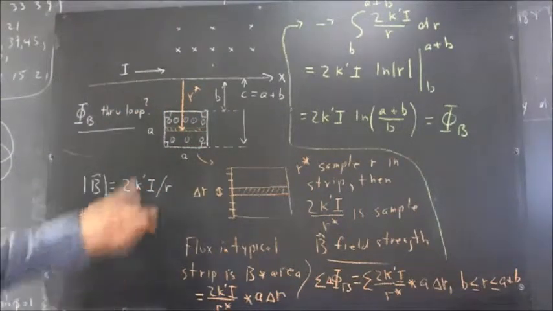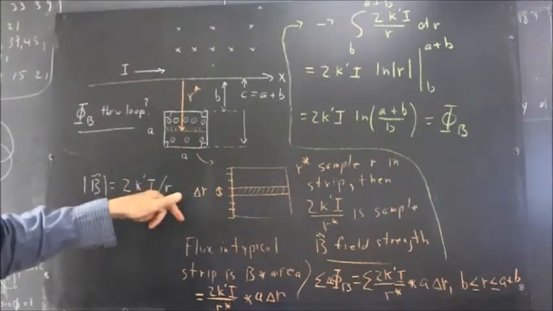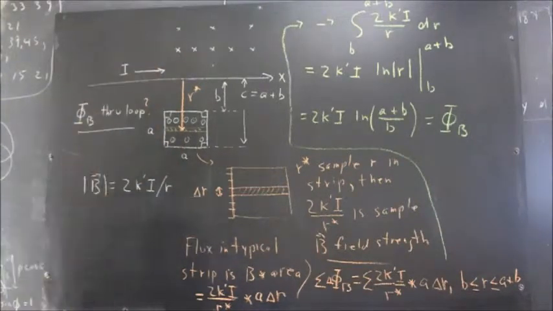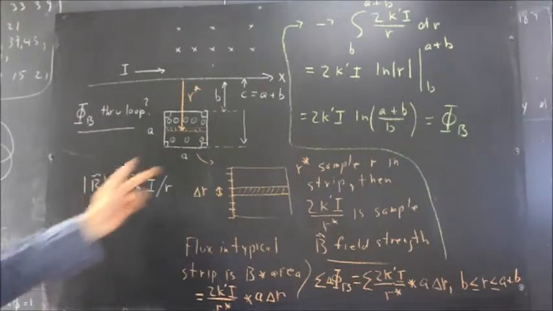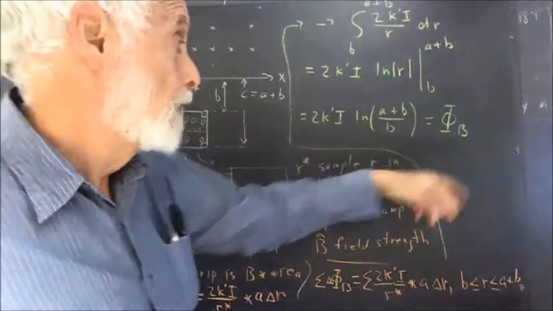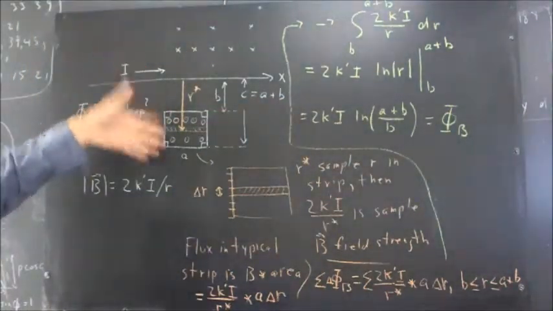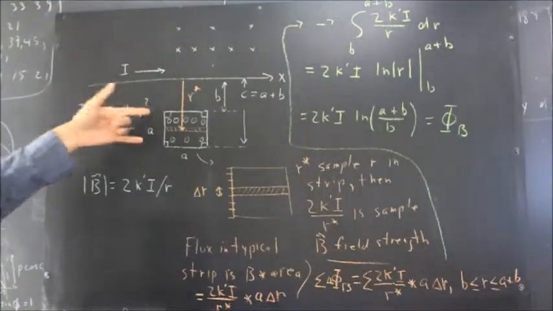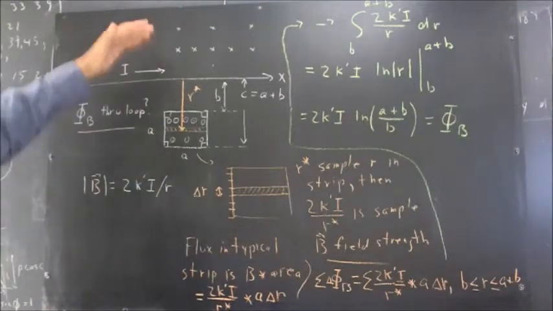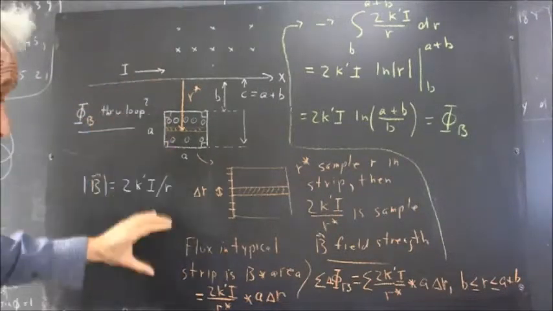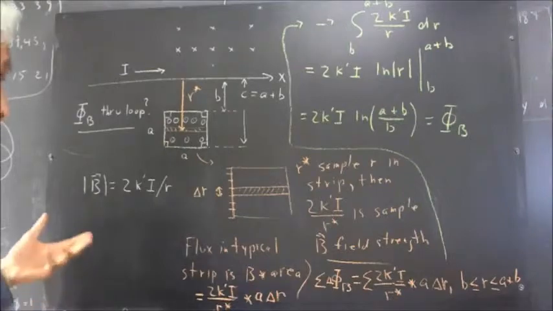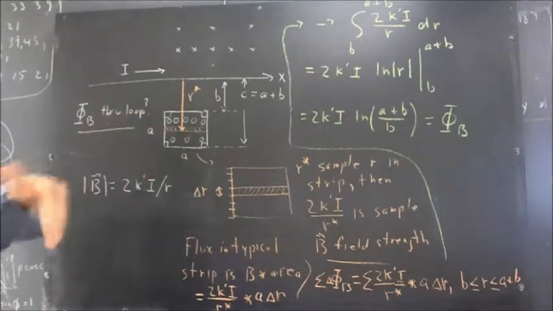However, if we move the loop toward or away from the current source, then we are going to change the flux. Magnetic field through space will stay the same, but this is moving a different part of space, so that the flux is going to change.